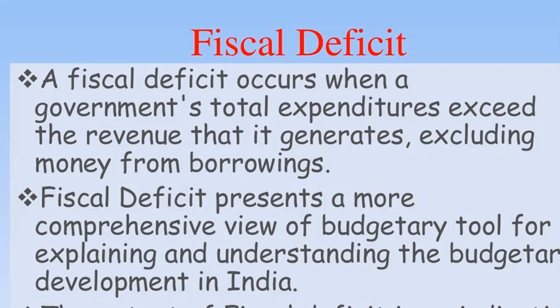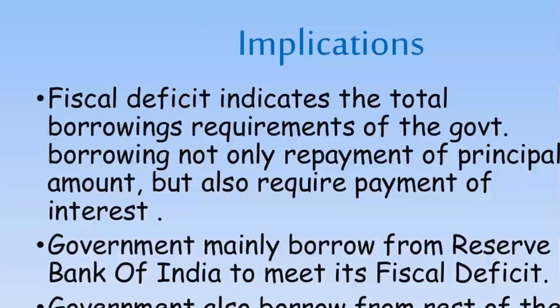Implications. Debt trap: fiscal deficit indicates the total borrowings required by the government. Borrowings not only involve repayment of the principal amount but also require payment of interest. Inflation: the government mainly borrows from the Reserve Bank of India to meet its fiscal deficit. RBI prints new currency to meet the deficit requirement.